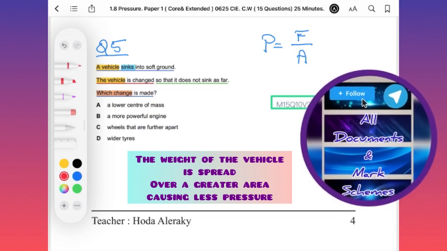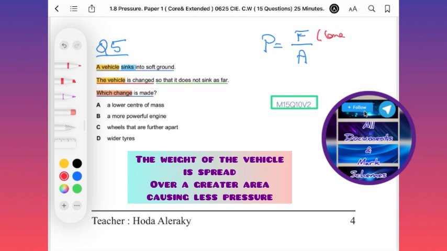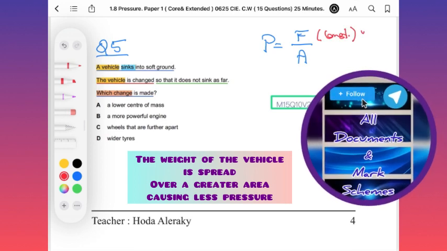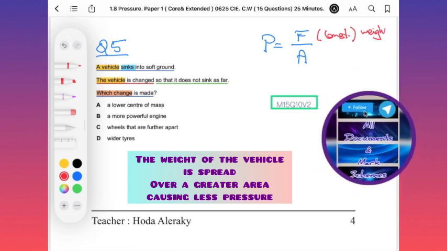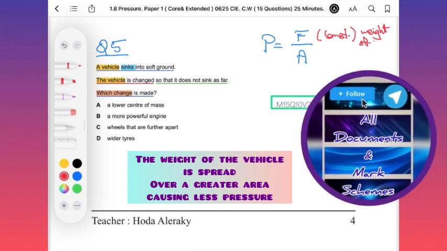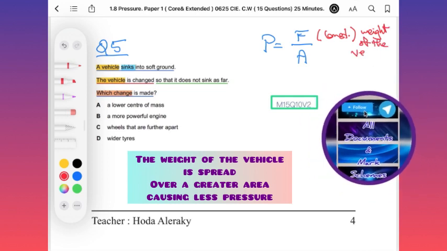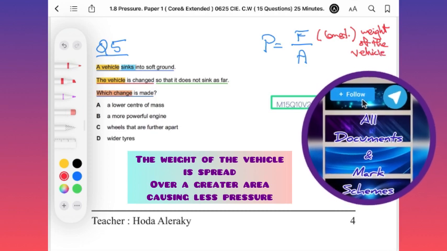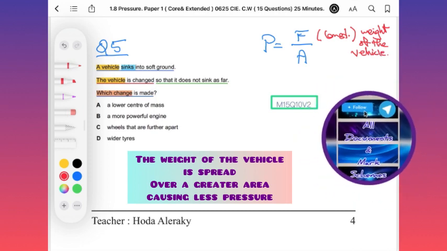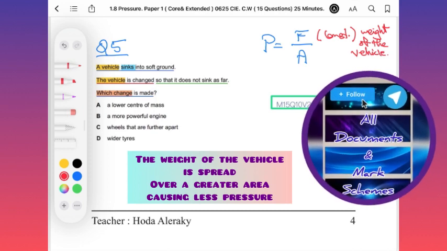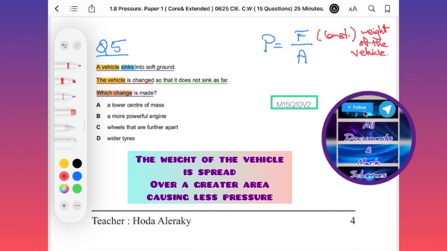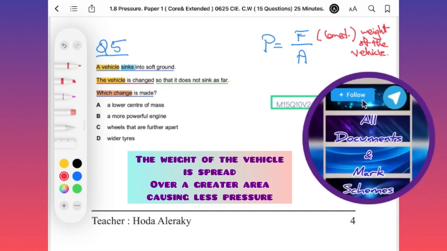The weight of the vehicle is constant. It doesn't sink anymore. It means the pressure becomes less than before.